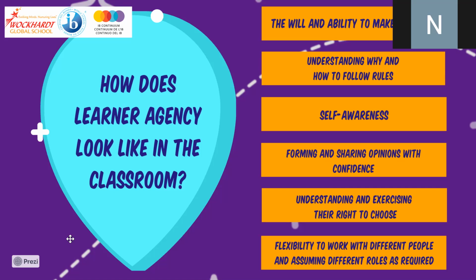How do I form and share opinions? And how do I do that with confidence? Do I have opinions, or do I just listen to what the teacher has been telling me and accept that without any doubt? No, that's not how an agentic classroom works. You have to form your opinion and you have to share your opinion with confidence. And that will only come when you're able to justify your opinion.